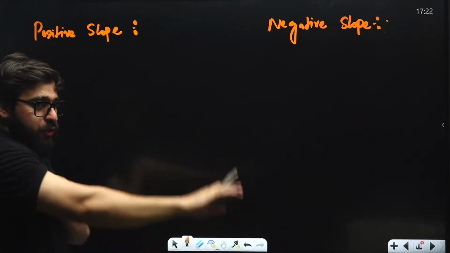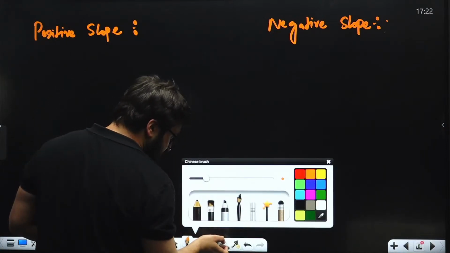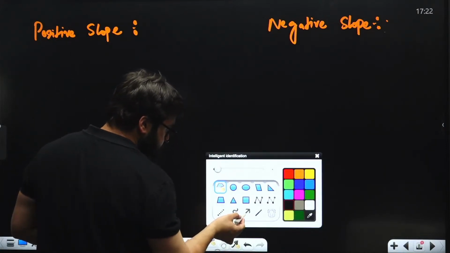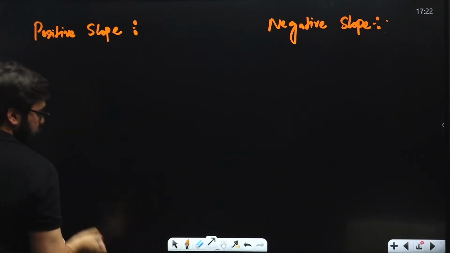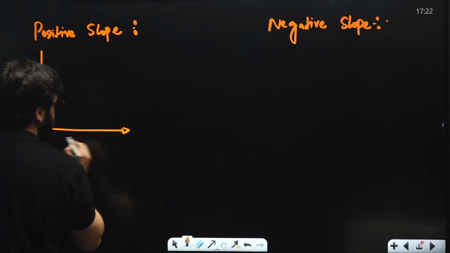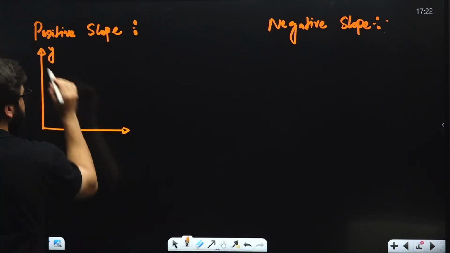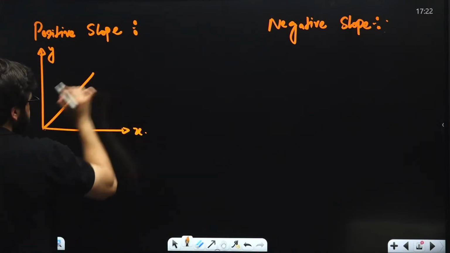Everybody of you listen to me very carefully. Guys, let's suppose I'll make over here the x-axis. This is the y-axis and this is the x-axis. And I'm saying the graph is something like this.